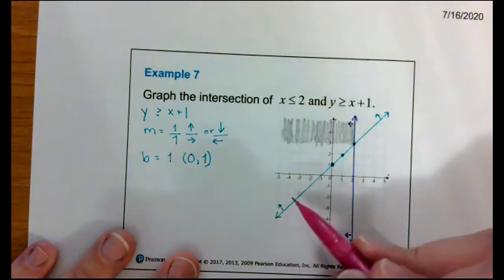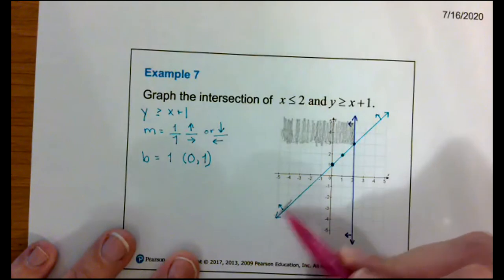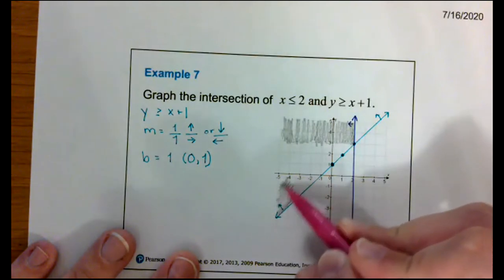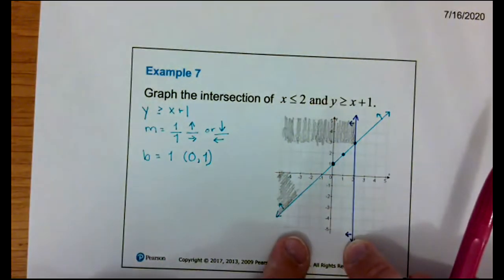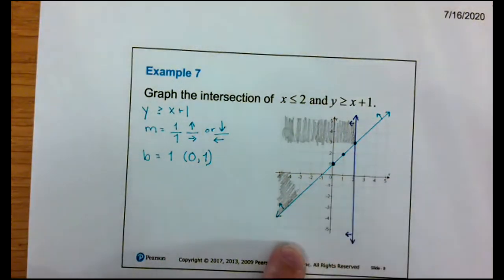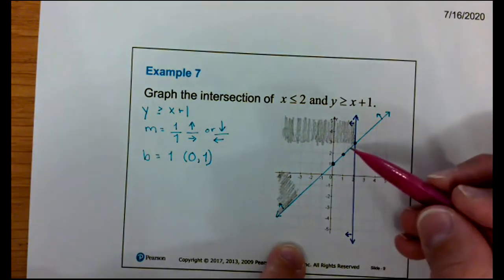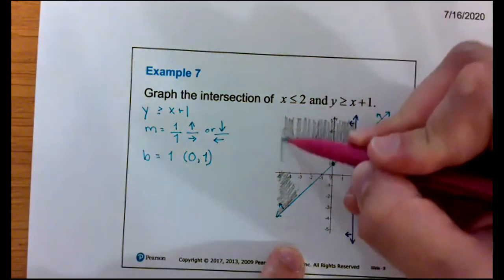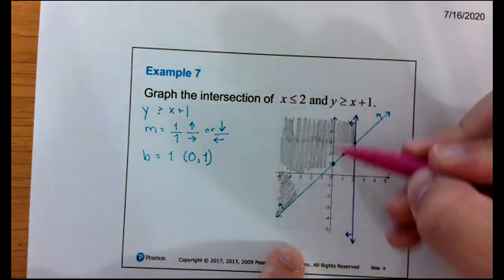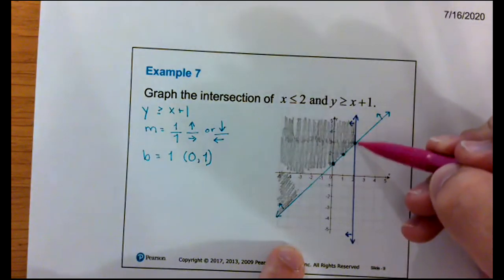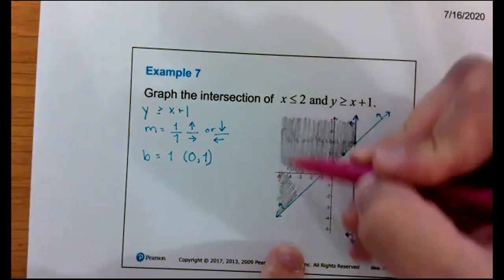And I shade this one going up. Where they intersect will not include where I'm not shading both of them. So I only want to shade where both of them would be shaded. So I'm going to stop shading when I get to the green line, because that doesn't include where both graphs are true.